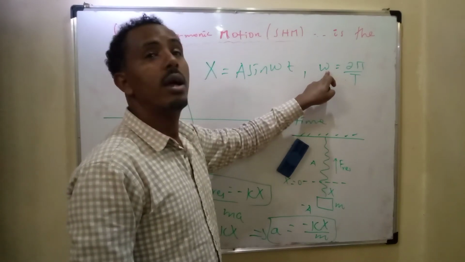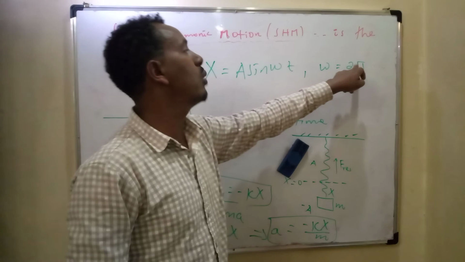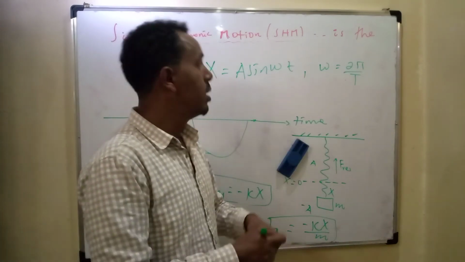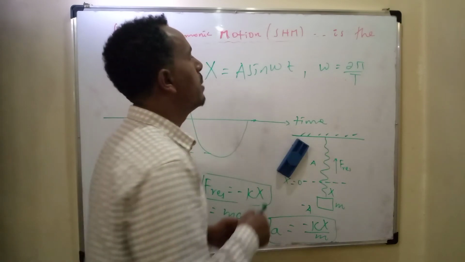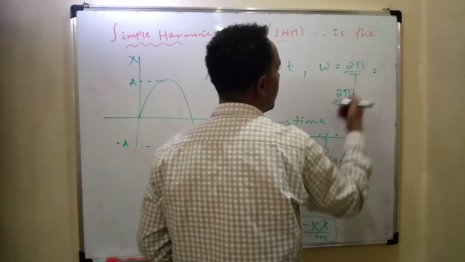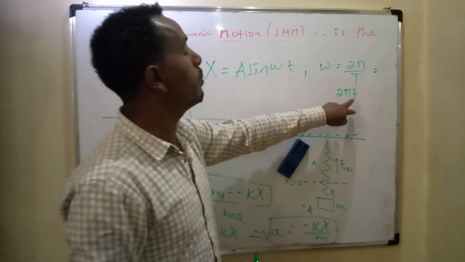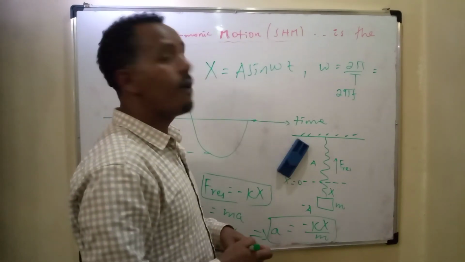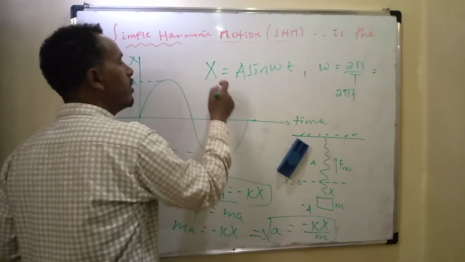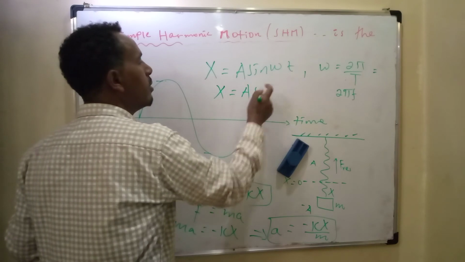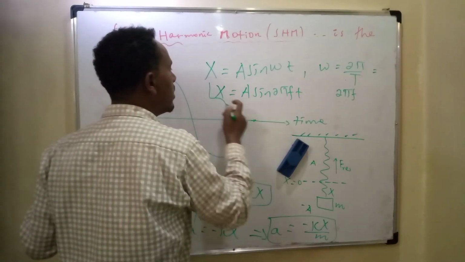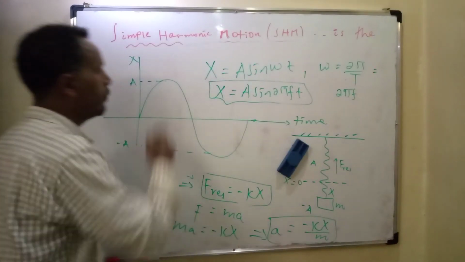Therefore, angular frequency, or angular velocity, equals 2 pi over period, which is equal to 2 pi times frequency, since 1 over period equals frequency. So we can substitute 2 pi f instead of omega. Therefore, x equals A times sine of 2 pi f times time. This is the expression for this graph.